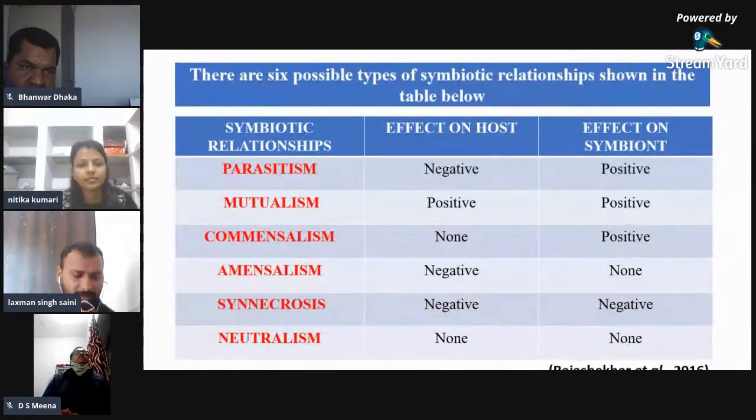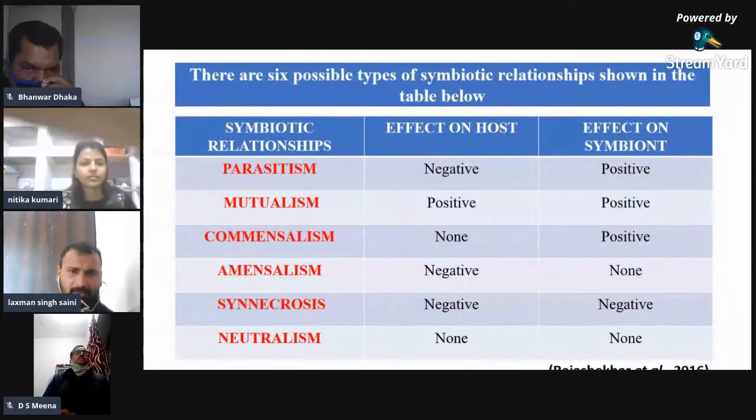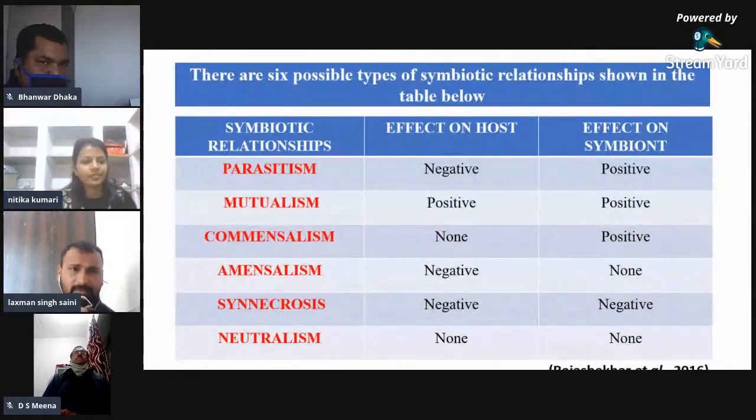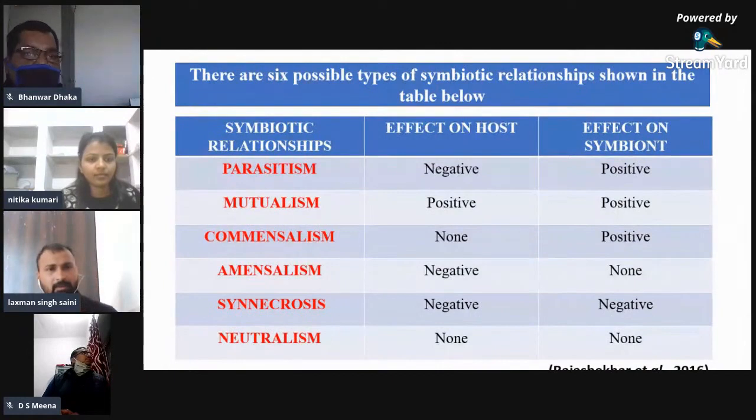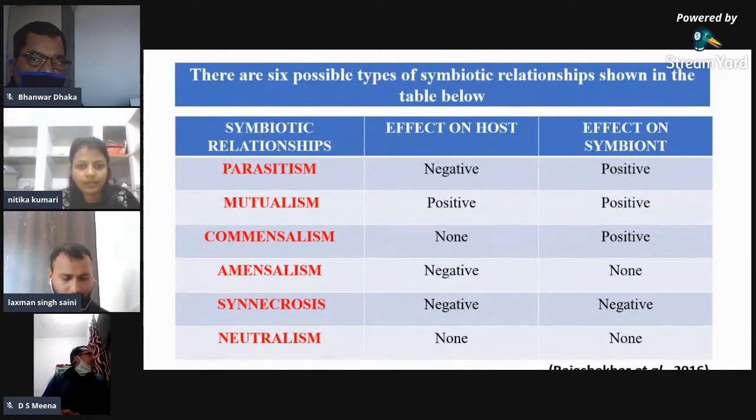Next is amensalism: the host species is harmed while the symbiotic species is unharmed. Next is synnecrosis: both interacting species are harmed. Neutralism: in this type of symbiotic relation, both interacting species are unaffected.